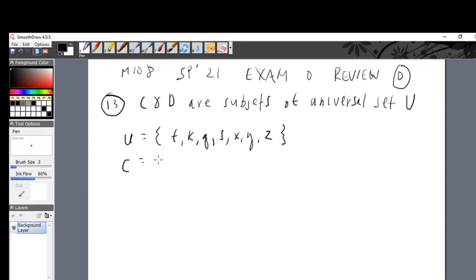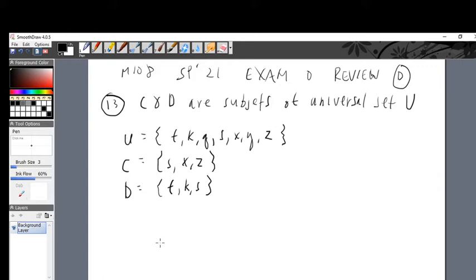It's got S, X, Z. These are in roster form, as you can tell. This one, D, has F, K, S. They're supposed to be brackets. I don't even draw brackets very well, but obviously it's supposed to be brackets on both sides of the sets.